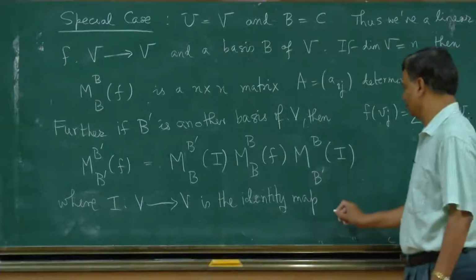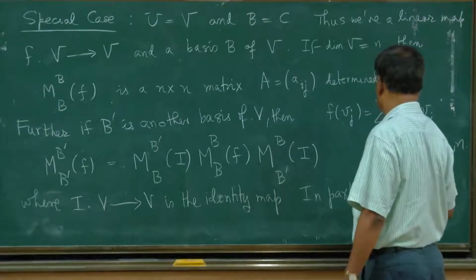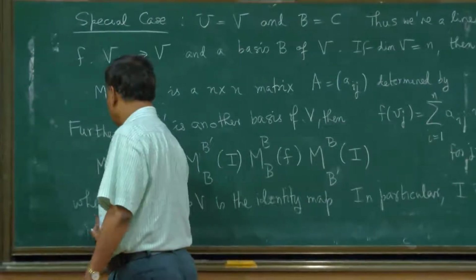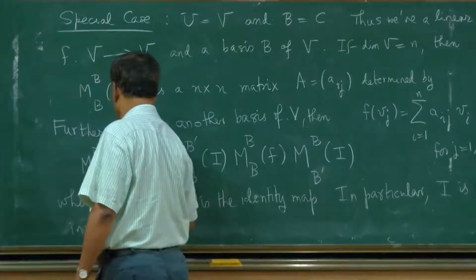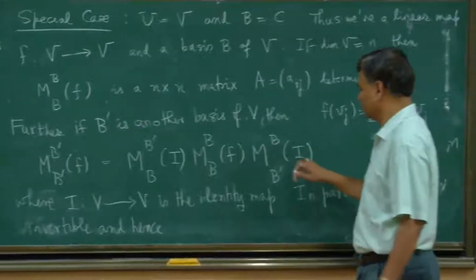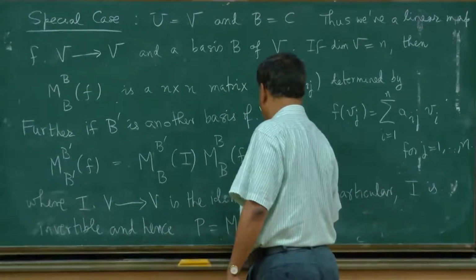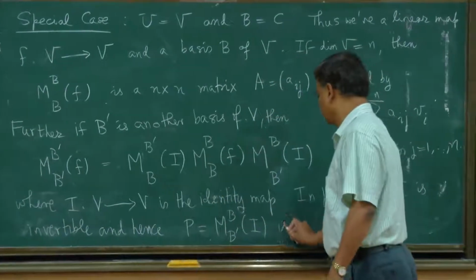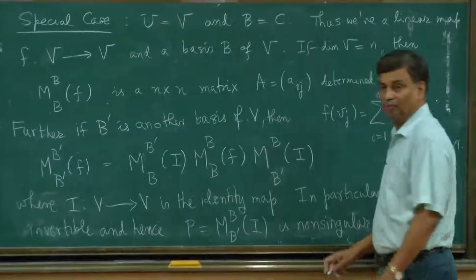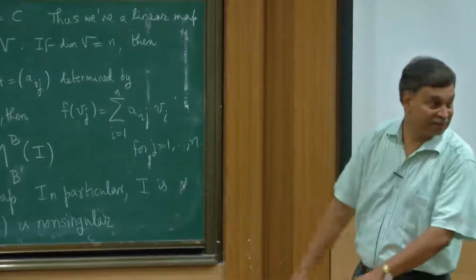In particular, I is invertible, and hence the matrix of I, which is this, let me call it, say, B dash B, let me call it P, is non-singular, right, because a map is invertible if and only if its matrix is non-singular, no matter what basis I take.